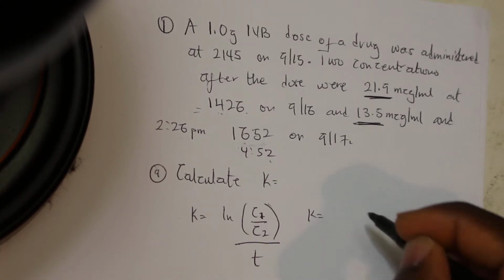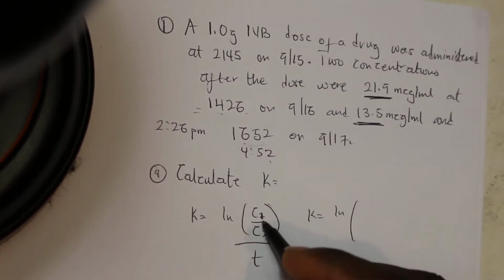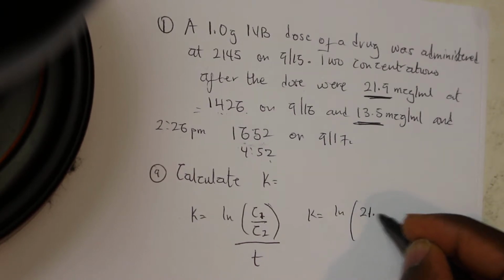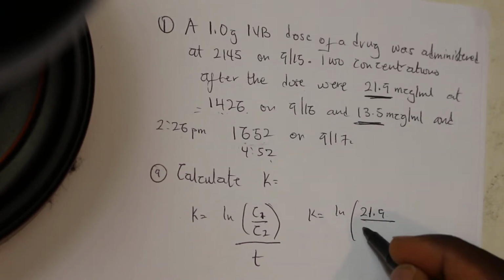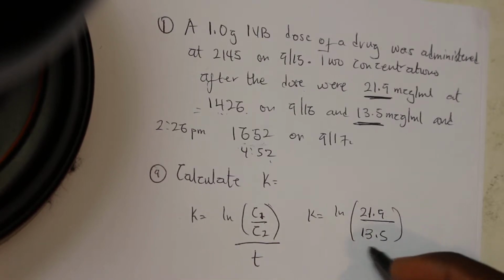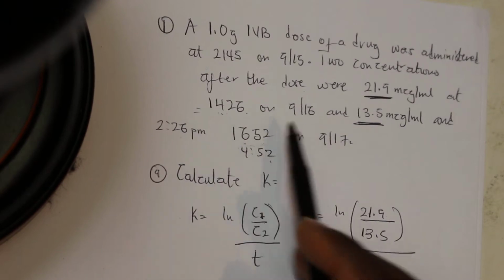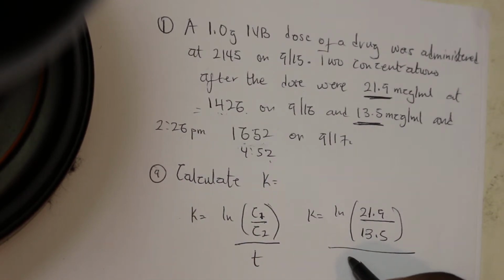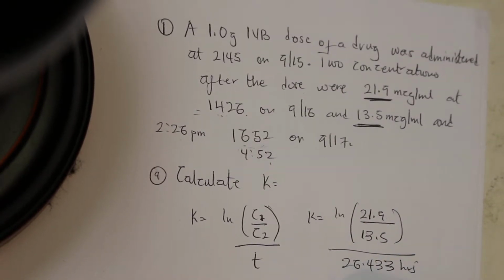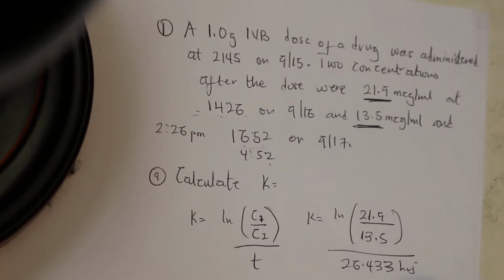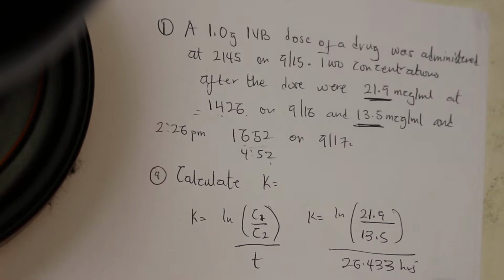So K equals ln of C1, 21.9, divided by 13.5, all divided by the time difference, 26.433 hours. When you do the math, K comes out to be 0.0183 hours inverse. So we got K.